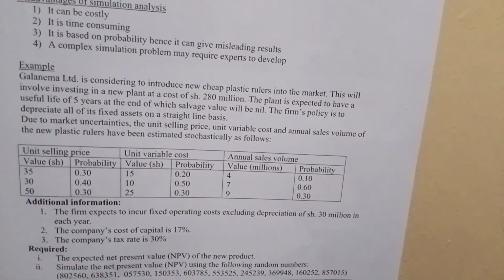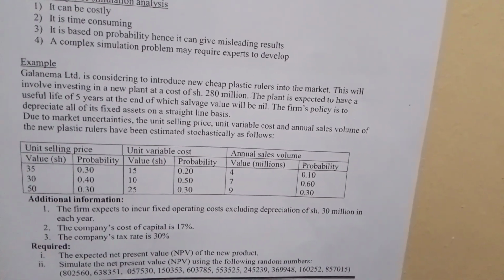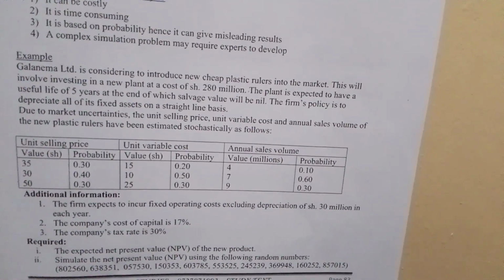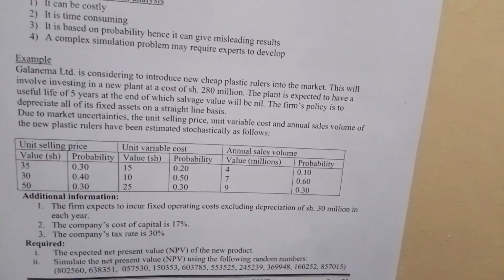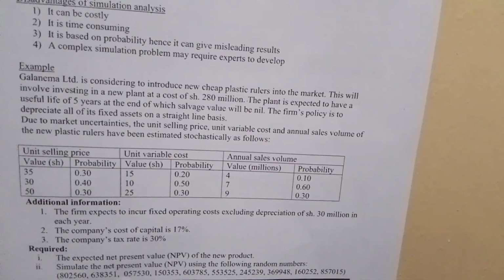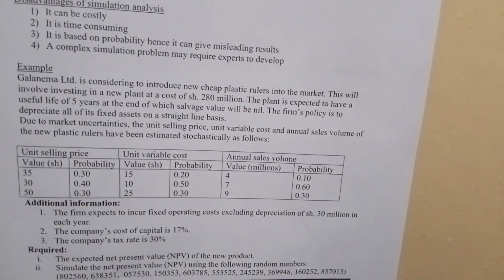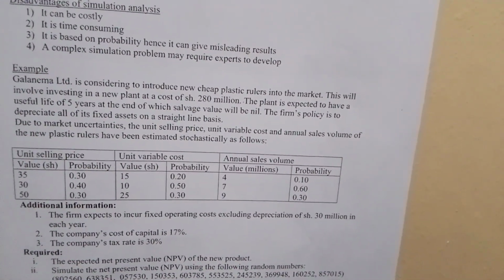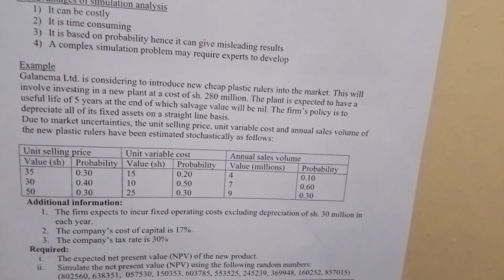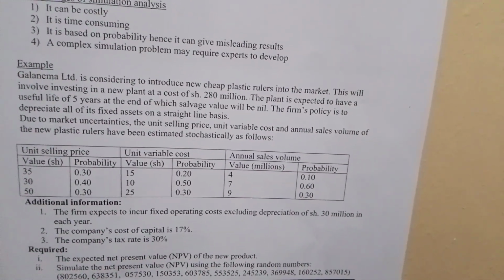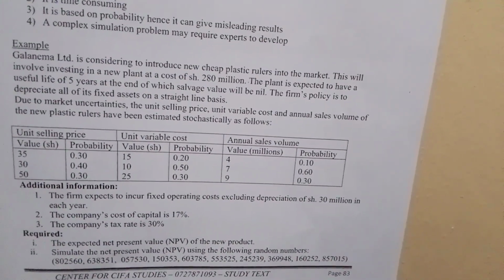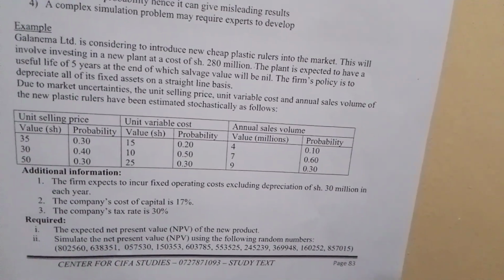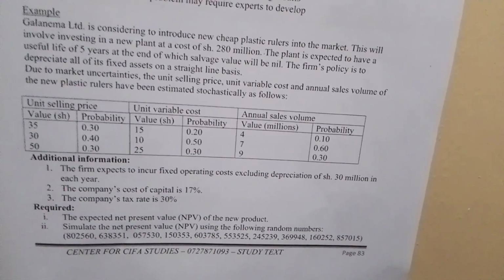Respective probabilities 0.20, 0.50, 0.30. Then annual sales volume, these are units: 4 million, 7 million, 9 million. Now these are units. Then the respective probabilities 0.10, 0.60, 0.30.